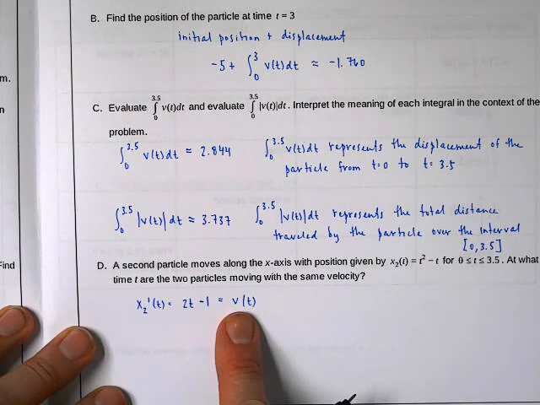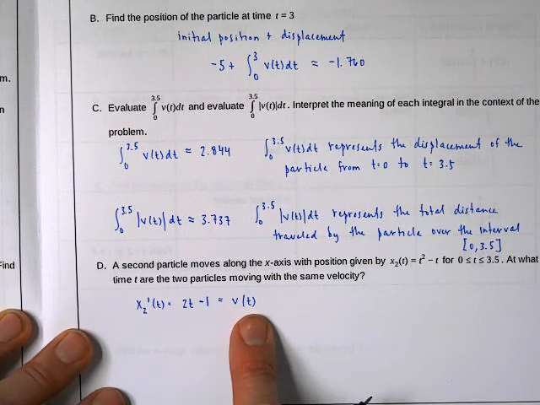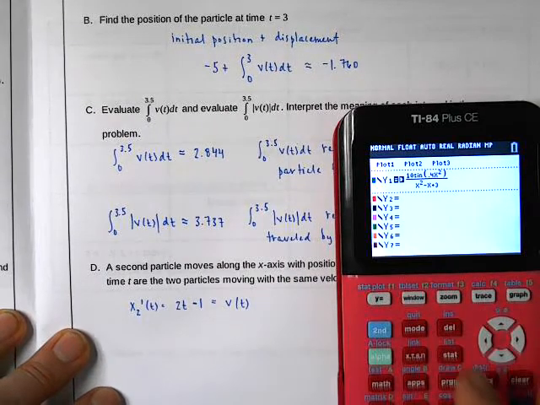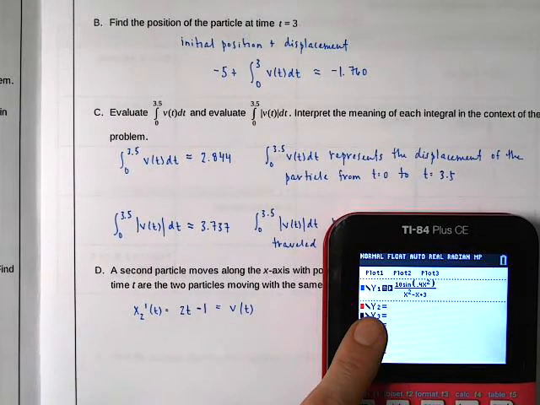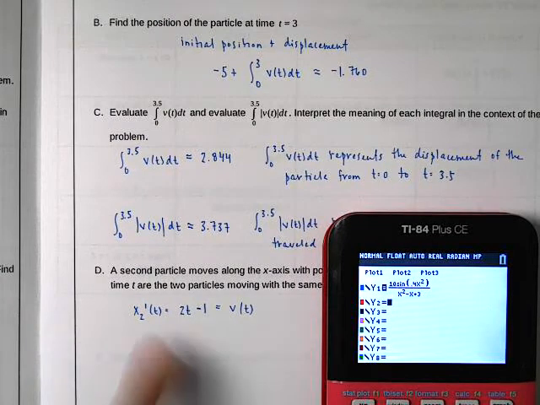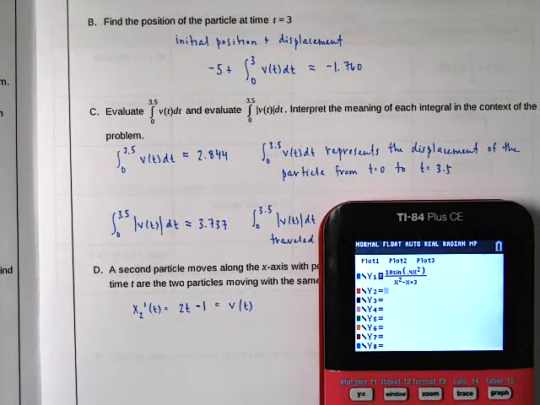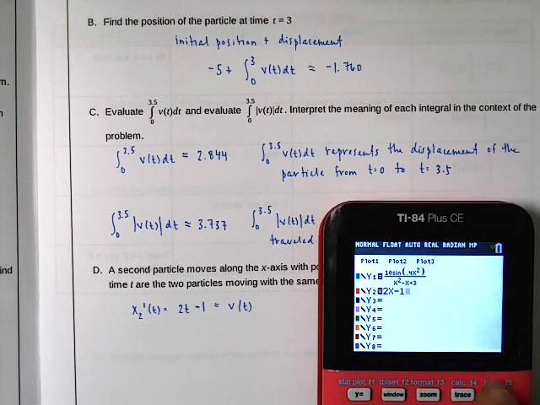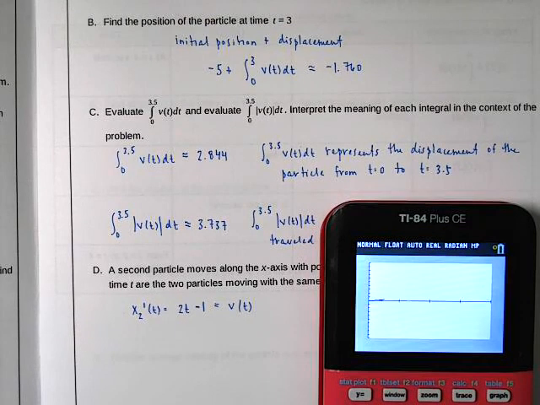So all I'm going to do is put those into my graphing calculator and find out where they intersect. We already have our first velocity function. Now I'm going to plug in my second one, which is a much simpler function, just 2x minus 1. And now I'm going to let my calculator do the hard work for me.